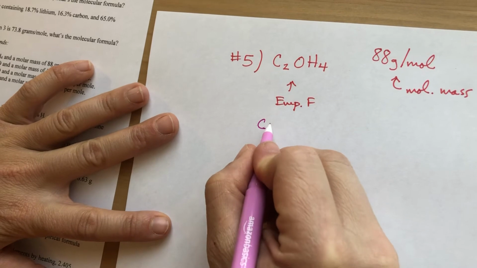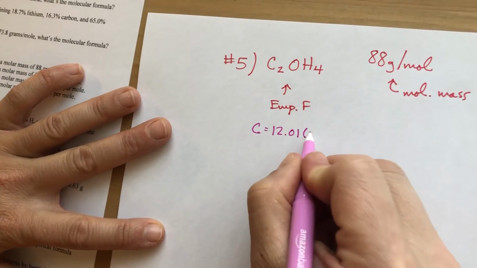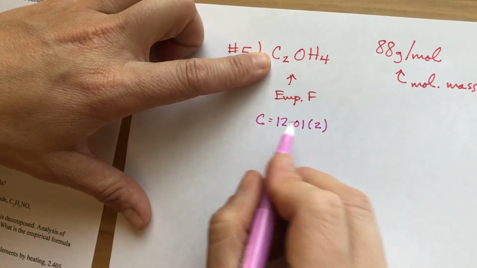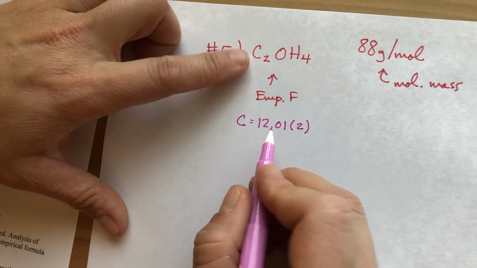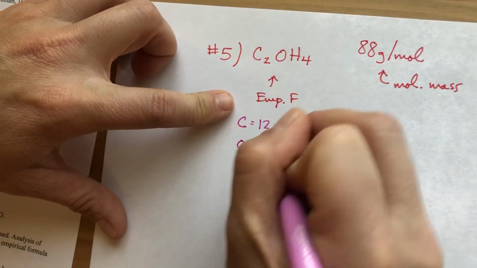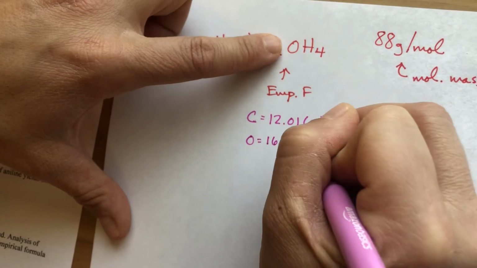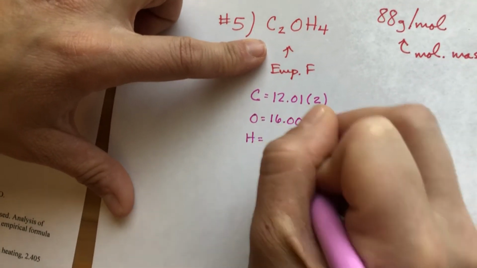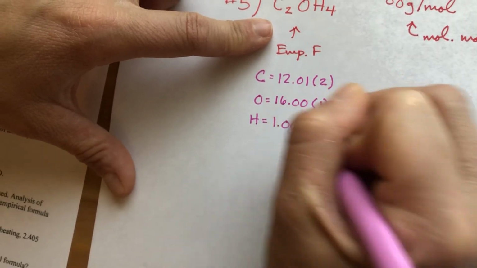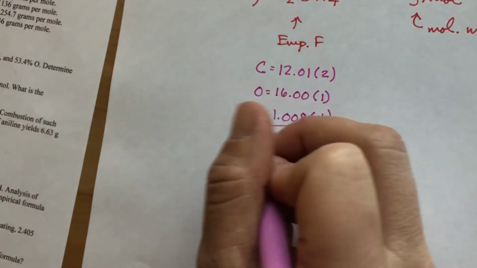So I know that carbon is 12.01 times 2, because we have 2 carbons here, right? 12.01 was that number that I got from the periodic table. All right, oxygen has a mass of 16.00, and there's only 1 oxygen here. And then hydrogen has a mass of 1.008, and we have 4 of them. So we are going to add all of these up together.